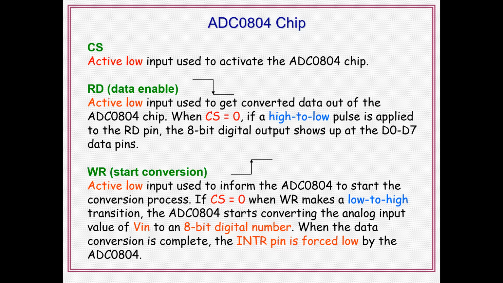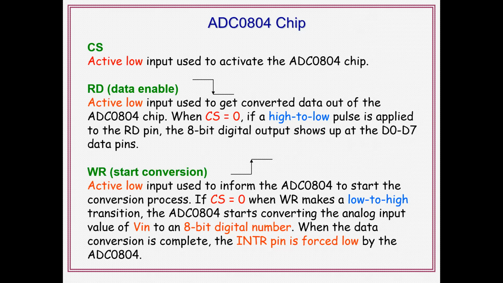And the second one is the read bar signal, also known as the data enable signal. It is also an active low input used to get converted data out of the ADC.